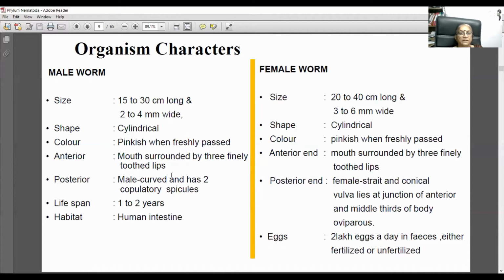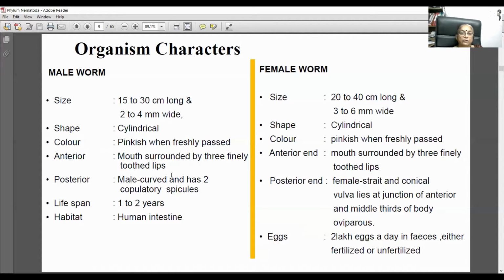Both are cylindrical in shape. Both are pinkish when freshly passed. Both have the mouth at the anterior end, and this mouth is surrounded by 3 finely toothed lips. The posterior end of the male and the female are different.